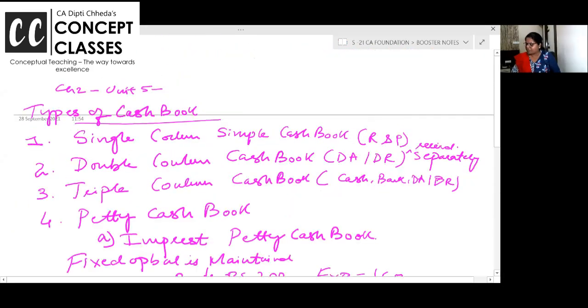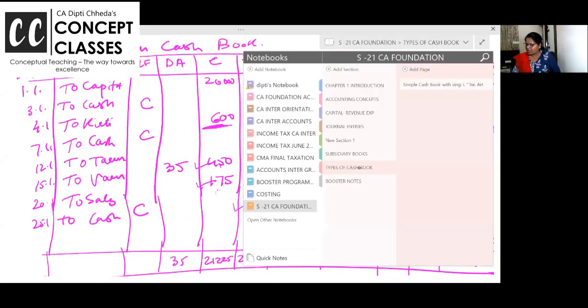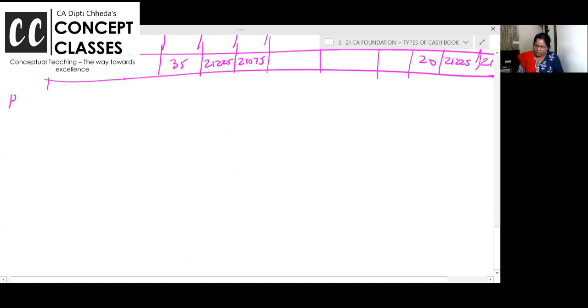Yeah, last one for today. Not in the booster notes. Write it in your routine notebook. Yeah, problem number 4. Triple column cash book it is called.